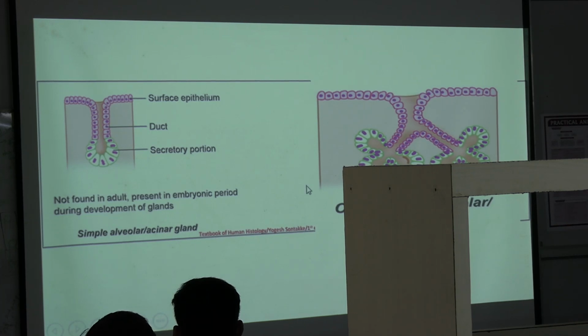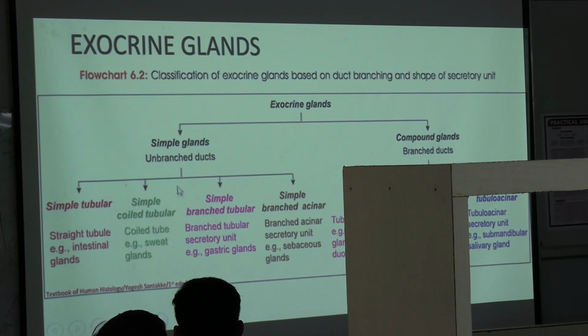So, this is how this element is classified: simple, compound, branched, unbranched, and how the duct looks, we can also classify that: tube like, coiled like, branched tubular, branched acini, etc. So, we can make it as complex as many times as you want. So, life is simple or complex based on how we are looking at it, right? It is very easy to make our life complex and miserable unless you make an effort to make it simple.